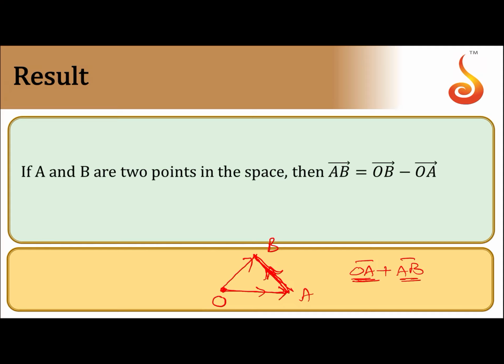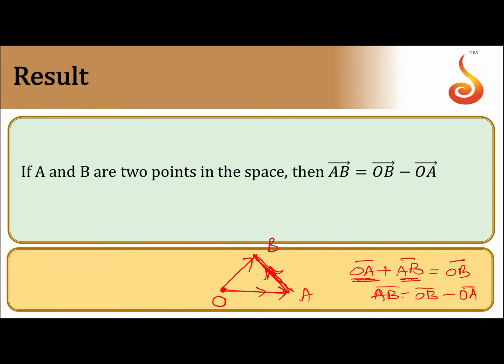In the addition of vectors, the middle common point you remove it. OA plus AB is nothing but OB, where OB is the position vector of the point B with reference to the origin. So from here, AB bar can be written as OB minus OA.